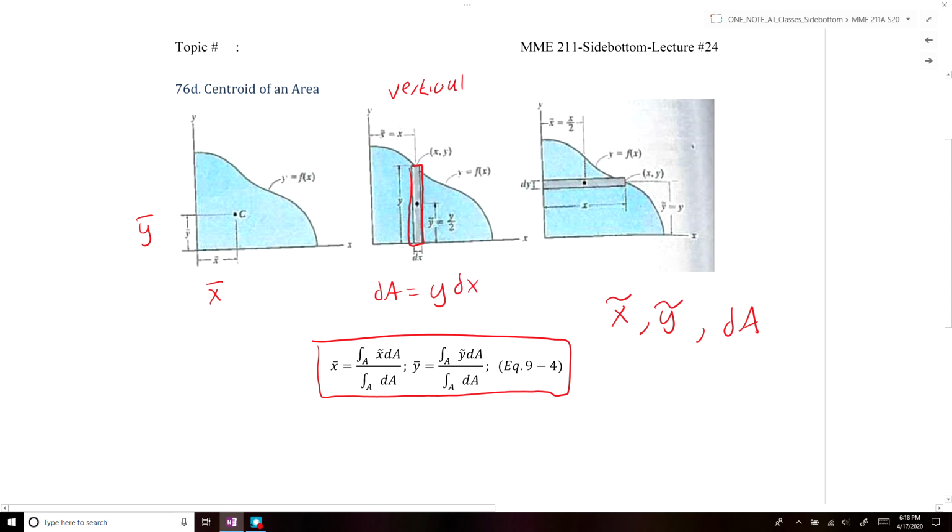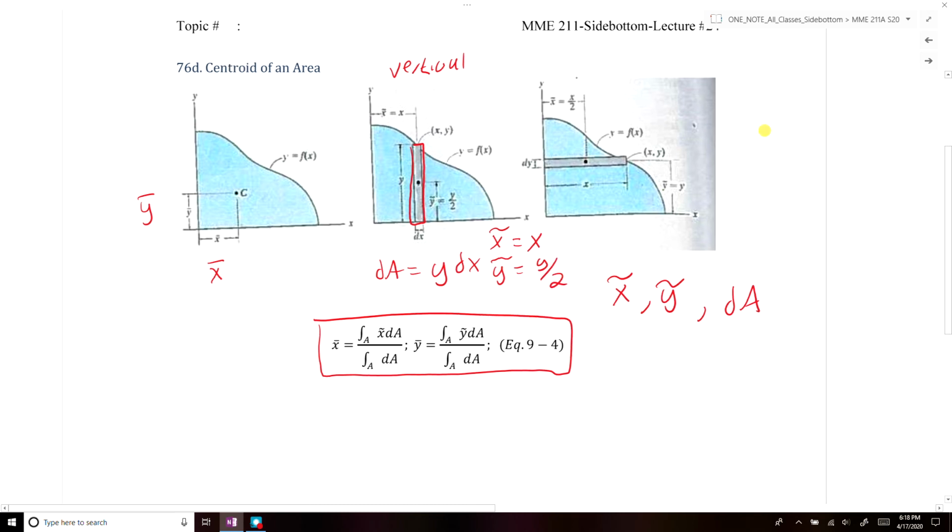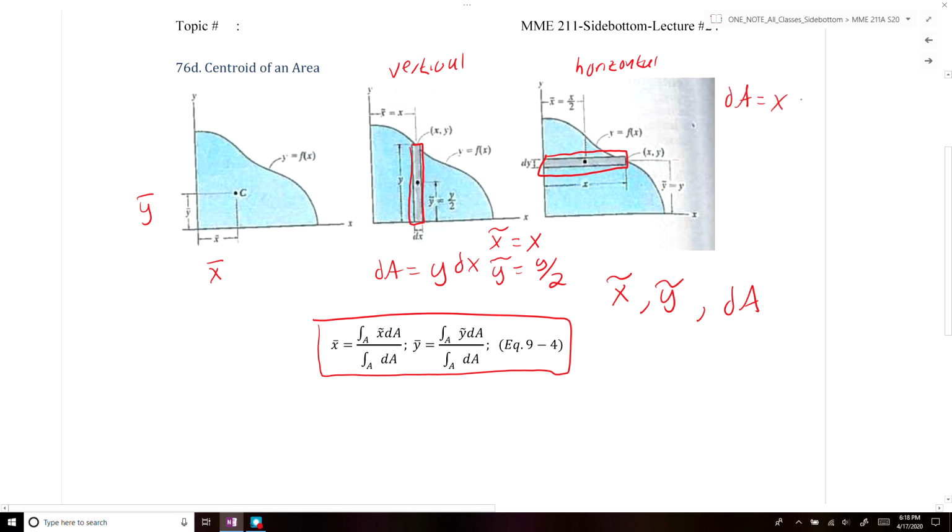The centroid of our differential element, x tilde, is just equal to x, and y tilde is equal to y over 2. And then for our horizontal case, our differential area would be equal to x times dy.